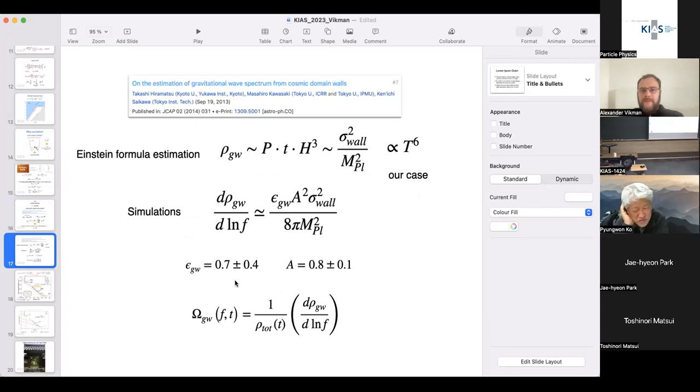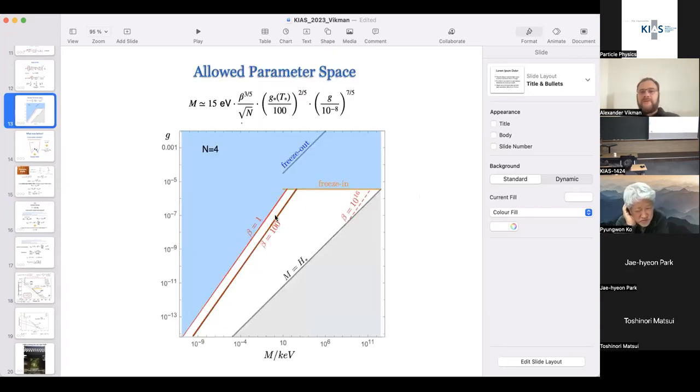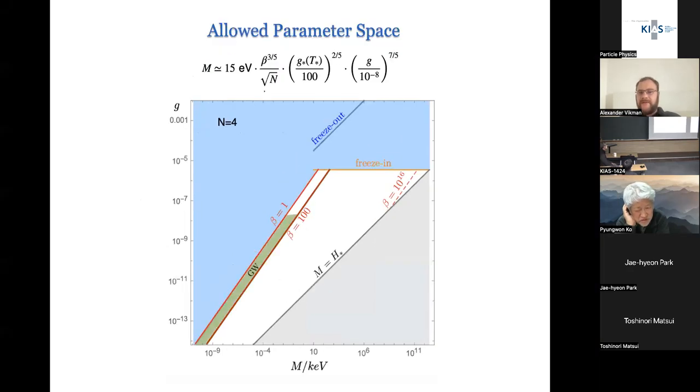Page 13. Okay. Sorry, what's the reason for what? Gravitational wave. You mean this? Why it is confined in this green stripe, right? Because you see, around 10⁷. So why?